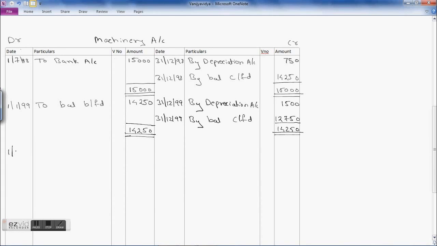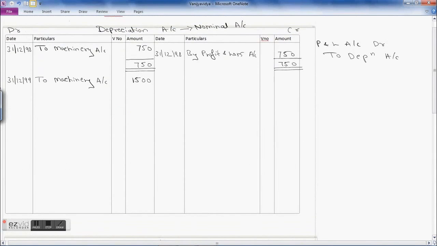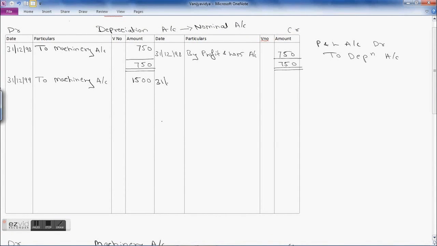Then as on 1/1/2000 to balance brought forward, how much is it? 12,750. Okay, then depreciation, we'll transfer it to profit and loss account on 31/12/99 by profit and loss account. So what will be the amount? It will be 1500, right?